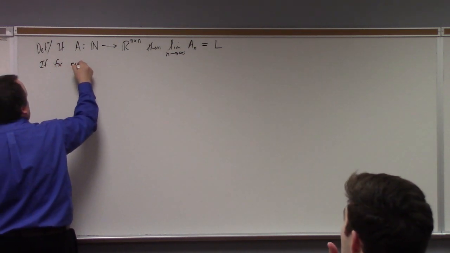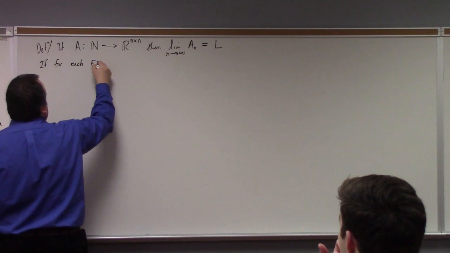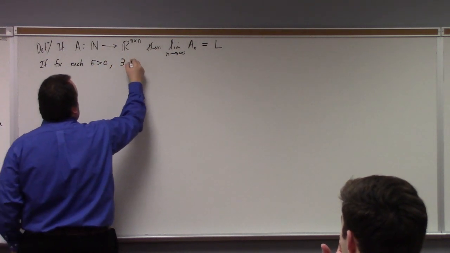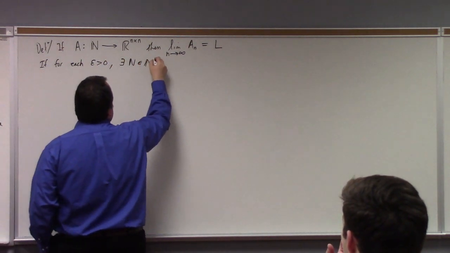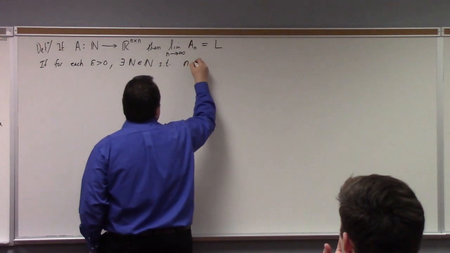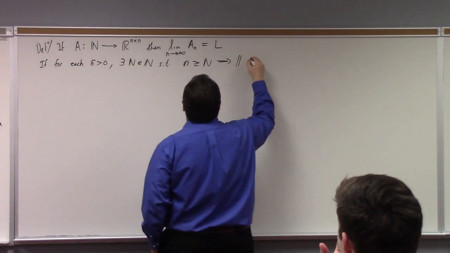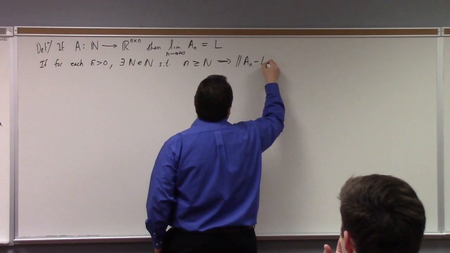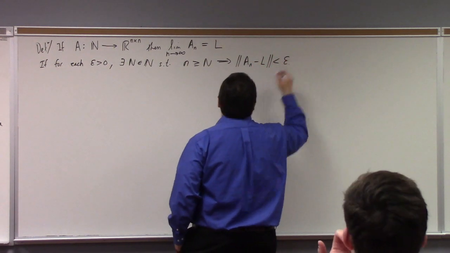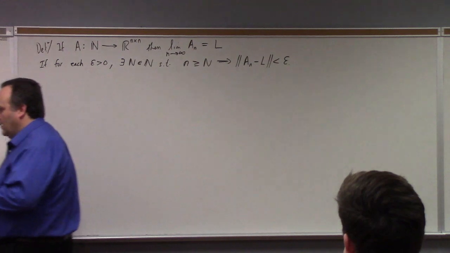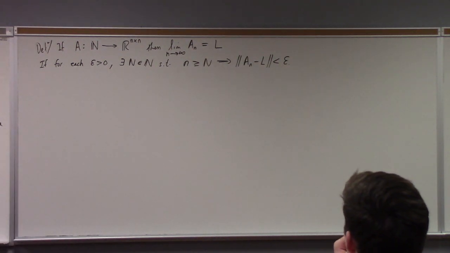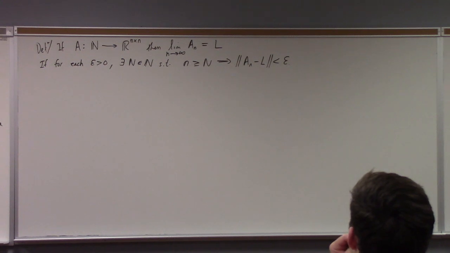For each epsilon greater than 0, there exists a big N in the natural numbers such that little n greater than or equal to big N implies that the norm of a sub n minus L is less than epsilon. So we can define the limit of a sequence of matrices once we have a notion of matrix length.